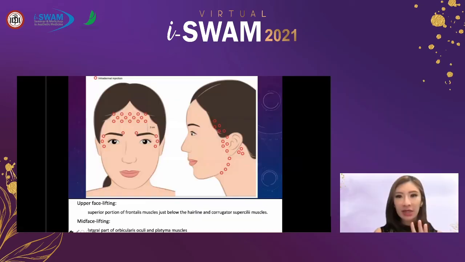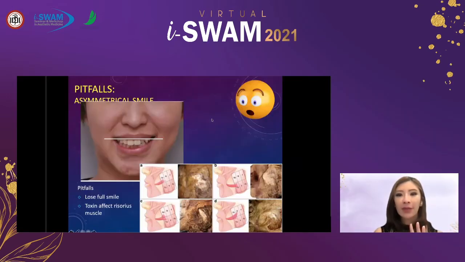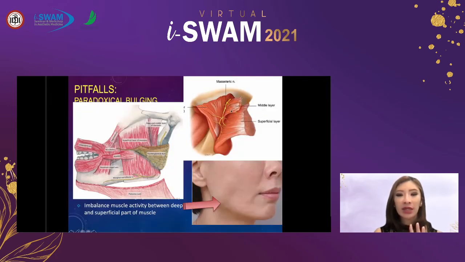It has three components: the deep part, medial part, and the superficial part. So sometimes we inject only the deepest part of the masseter muscle, and if the masseter muscle is very thick, sometimes the superior or the most anterior part, we miss this part. It is very common. So what you have to do is inject this part again. You can start with 5 units in this part. So it's no problem at all. Just ask the patients to come and let's do the injection again.